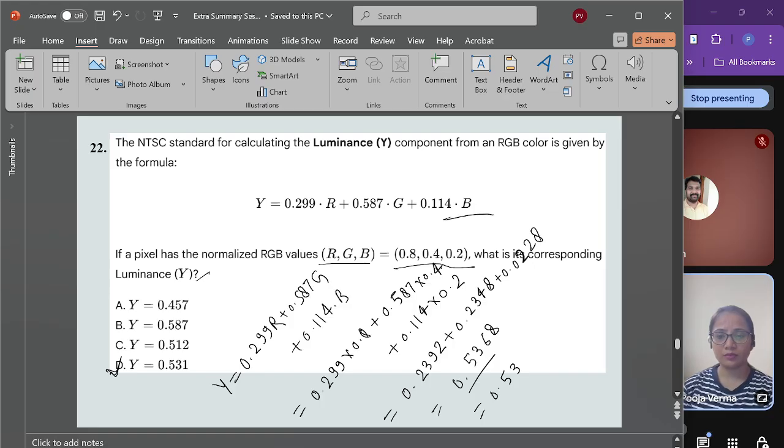Here the NTSC standard formula is given, and the RGB values are given. So you just have to calculate the luminance Y from the given RGB components. Just directly place them and calculate. Okay, so simple.